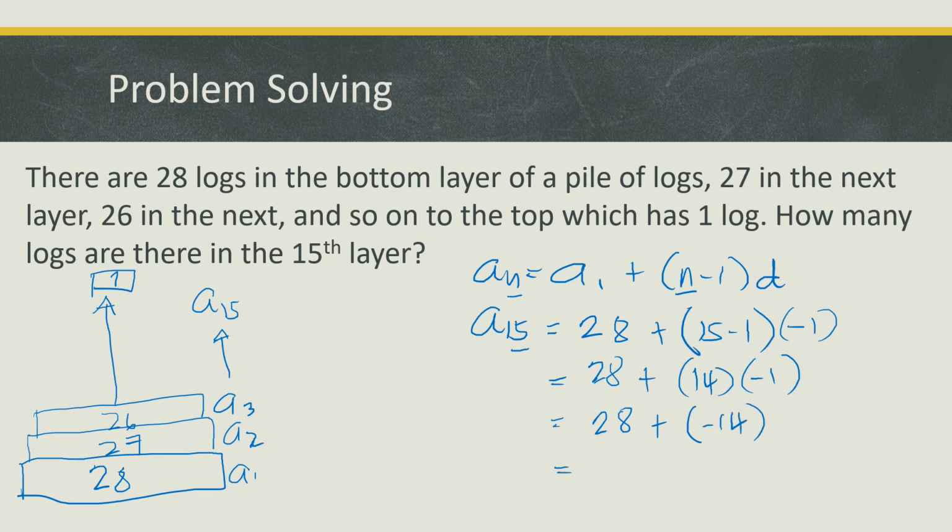Since we are adding two different signs, we need to subtract. 28 minus 14, we have 14. Then follow the sign of the higher value, which is 28. That is positive. So the 15th term is 14. And to answer the question, we have 14 logs on the 15th layer of the pile.